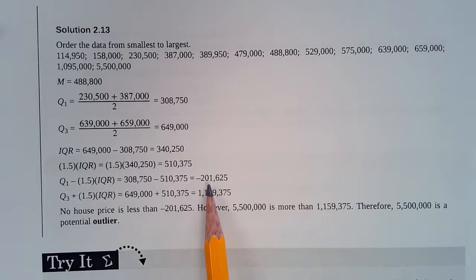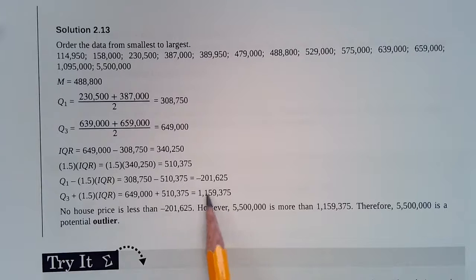Now, you can't have a value on a property that's like that, so none of ours is going to fall below that. So we won't have an outlier that's on the lower end. But when we add this to the third quartile, so we take our third quartile and add the 1.5 times the IQR, we get 1,559,000, anyhow.